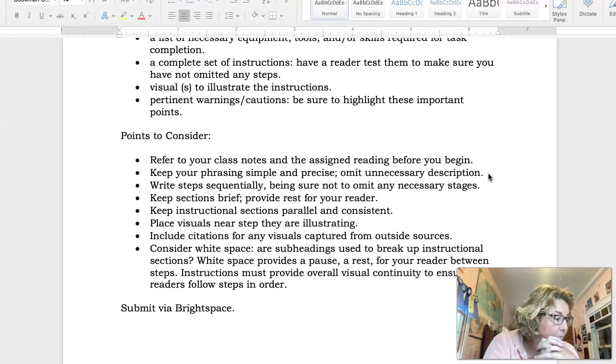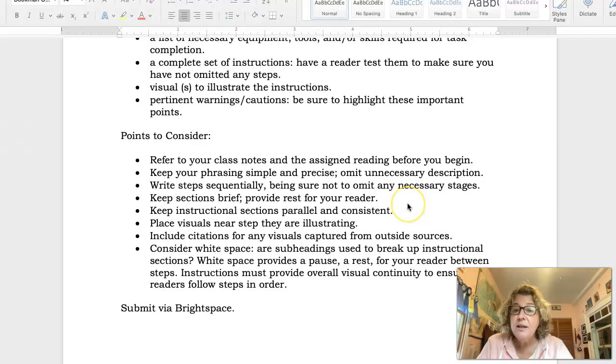It's going to be a really important thing to think about keeping your instructions very clear, very easy to understand, and really start thinking about this idea of white space and using it to further break down and illuminate the individual steps. That's going to be really important.